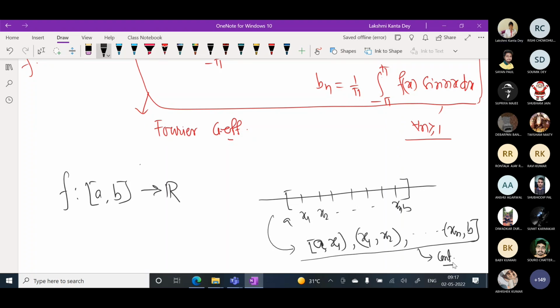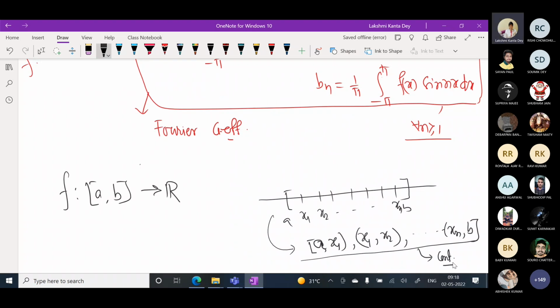Understand? So if a function is not continuous throughout the domain of definition, at best we can expect that the function is discontinuous at finitely many points. So we can express the domain of definition in finitely many subintervals, just deleting the points where the function becomes discontinuous.